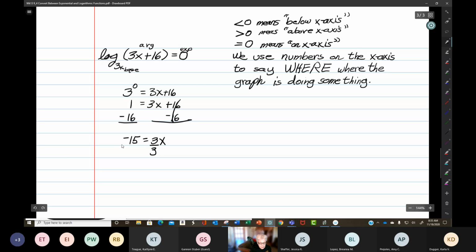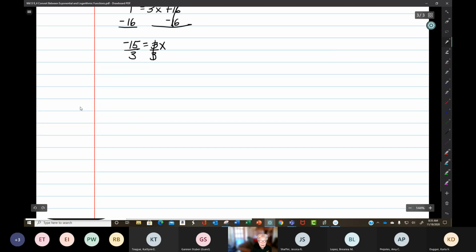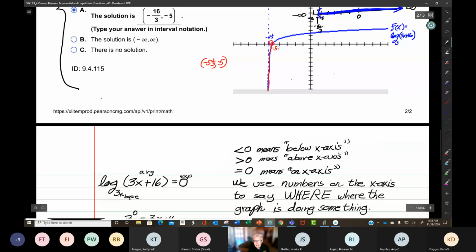Divide by 3, divide by 3. x is going to equal negative 5. Yes! That number is negative 5.